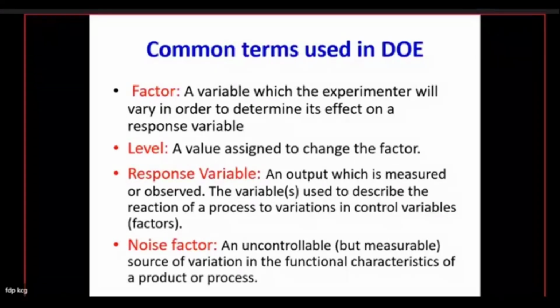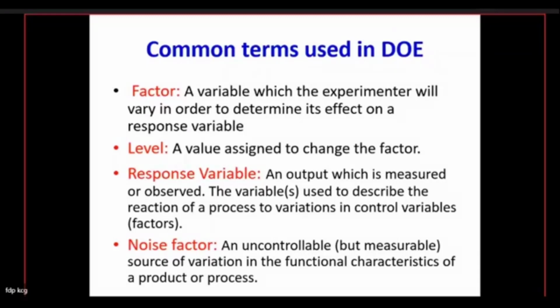Common terminology which is used in experiment design, I am sure that many of you must be familiar with this, but those who are not familiar, those who have not done the statistical design, or the complicated and complex design to achieve the optimum conditions, may not be very aware of some of these terms.